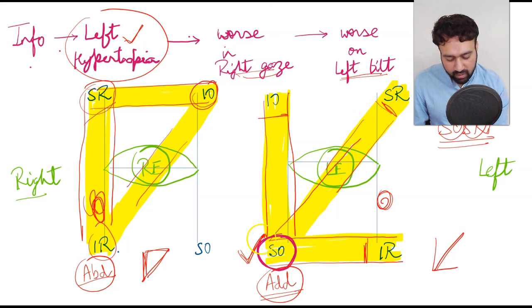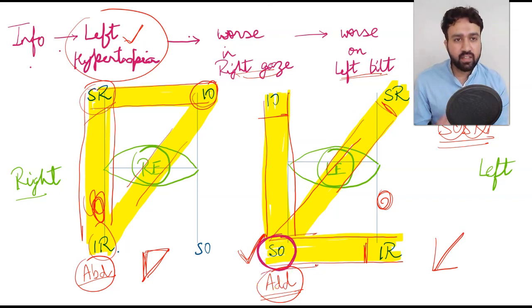Only superior oblique is the one that is highlighted thrice, and so in this case, your answer is left superior oblique weakness is going to be responsible for a left hypertropia that is worse in right gaze and worse on left tilt, and so the patient has a compensatory right head tilt.